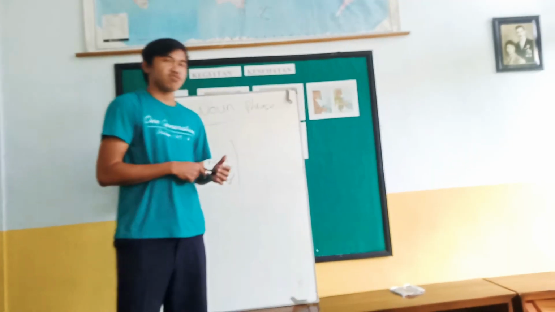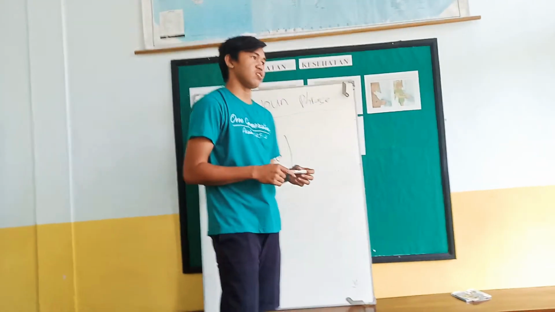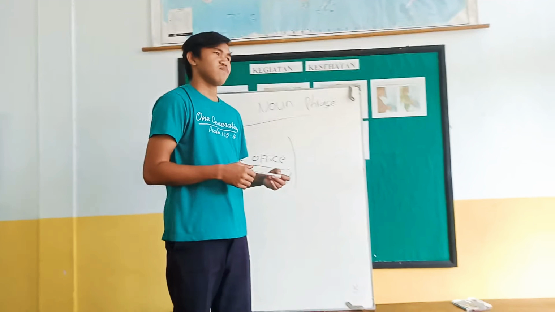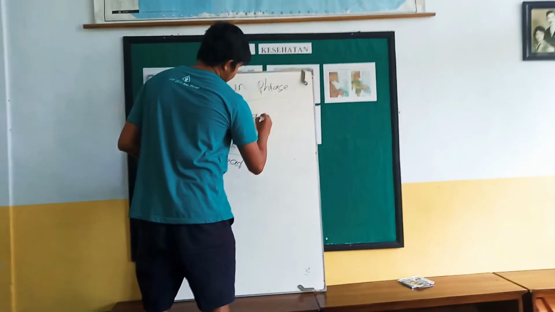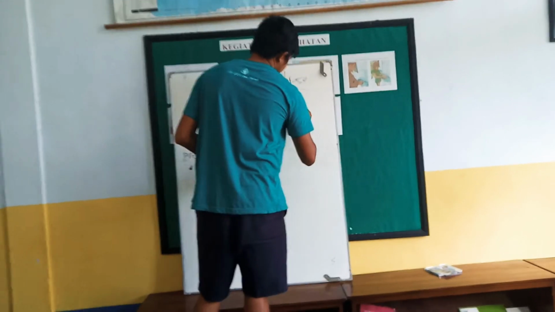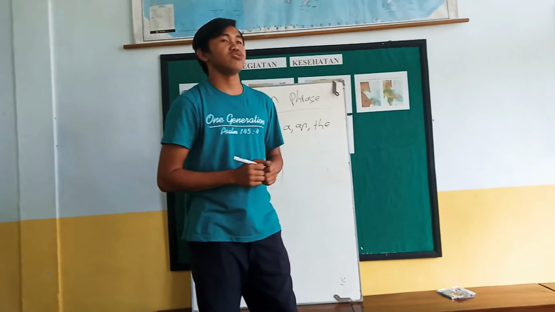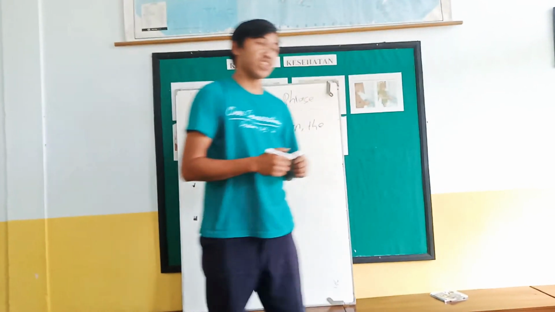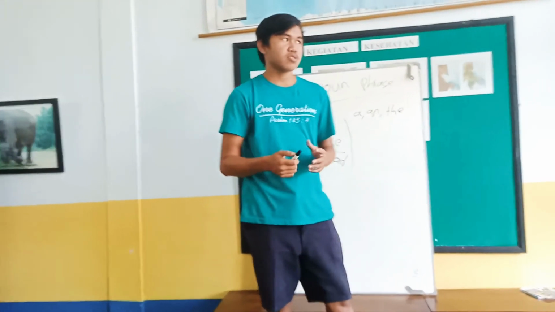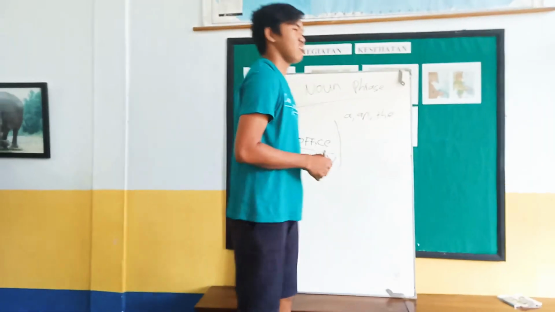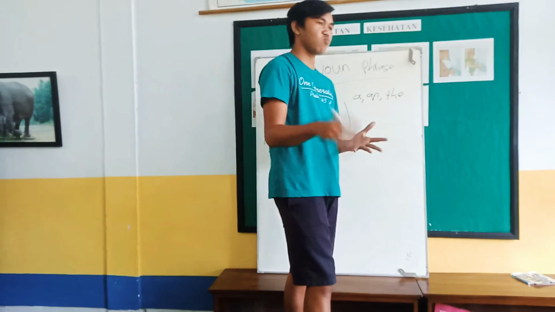Okay, and then we continue to the second, using a determiner. There are so many determiners, but here we use simple determiners like articles, like a and the. But you can use other determiners like this, that, next, after, and others.